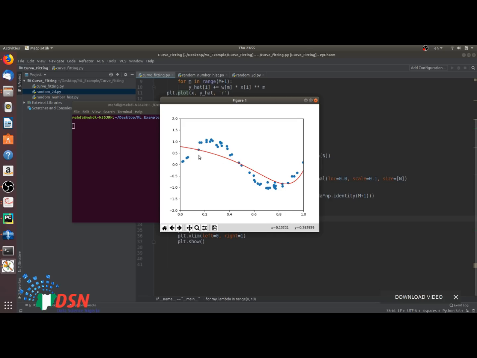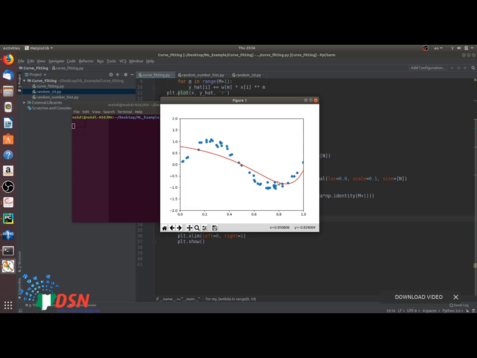So as you could see, the prediction of the model is more smooth and has lower variance, in other words, has lower changes in the prediction.